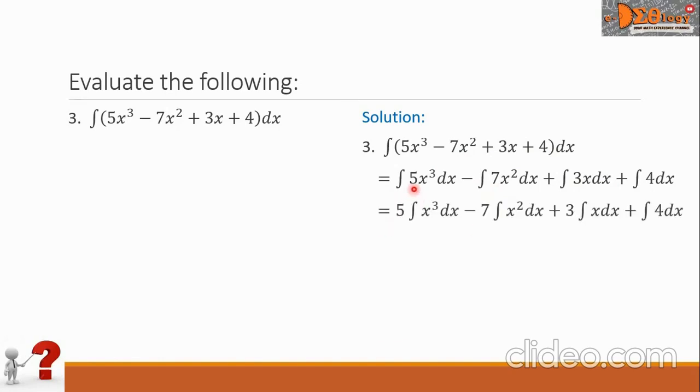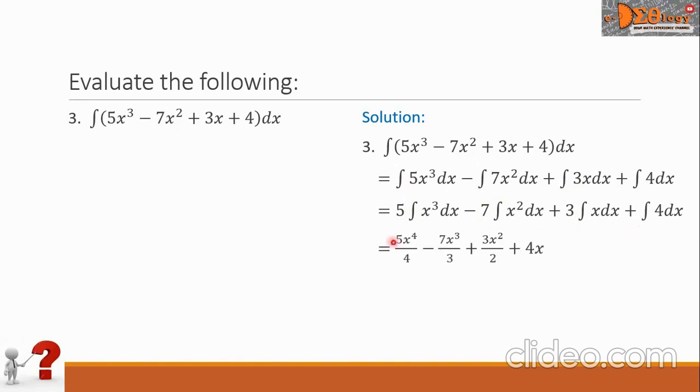So this constant 5 comes out now. This constant 7 comes out of the integral. The constant 3 comes out of the integral. And then we will apply the power rule here, here, and here. While for the integral of 4 dx, we will apply the integral of a constant.